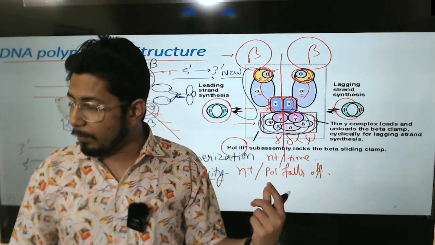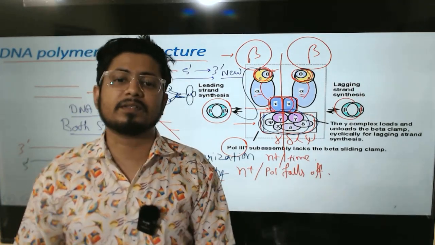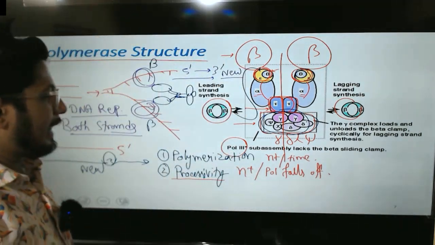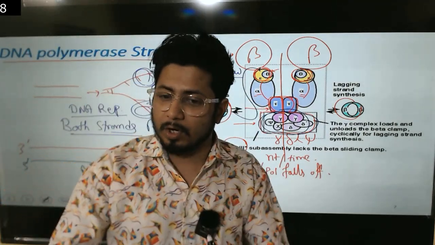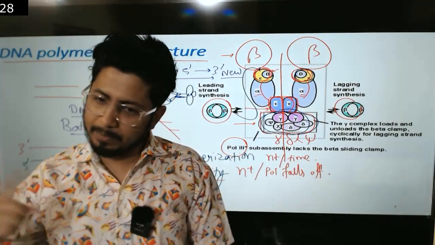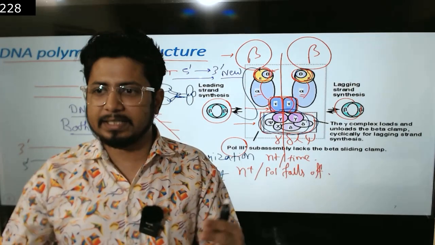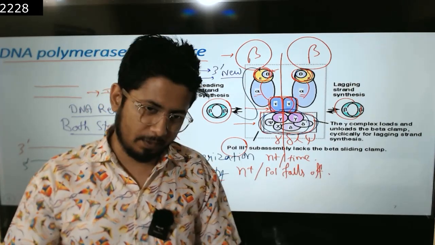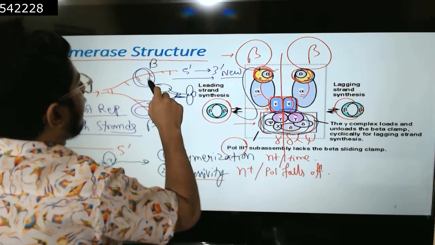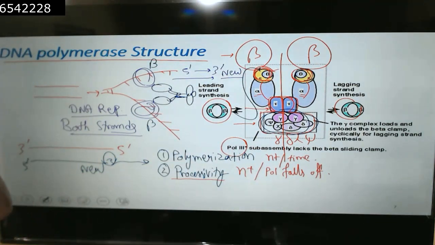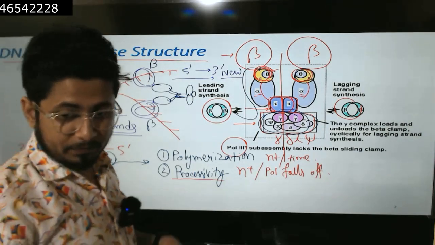Particularly in prokaryotes, it's pol 3 that's working. Now without the beta clamp, the processivity drops. Polymerase can polymerize, but let's say 10, 20 nucleotides and the polymerase falls off. But with beta clamps loaded, it can polymerize 1000 nucleotides at a time before it falls off.